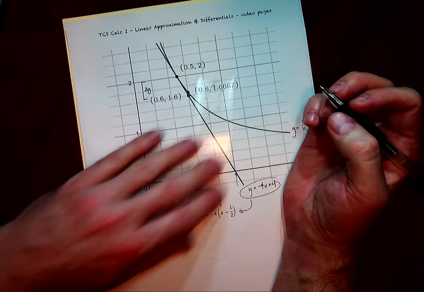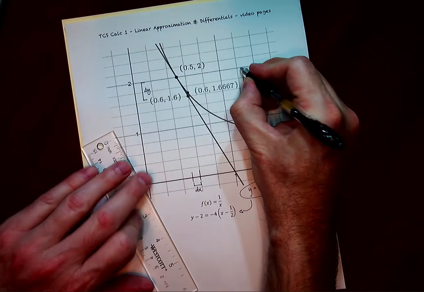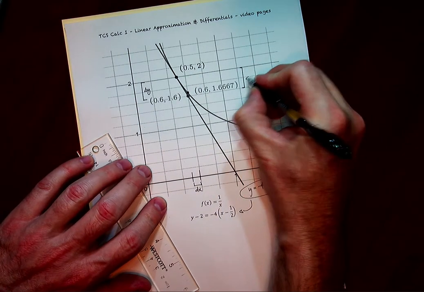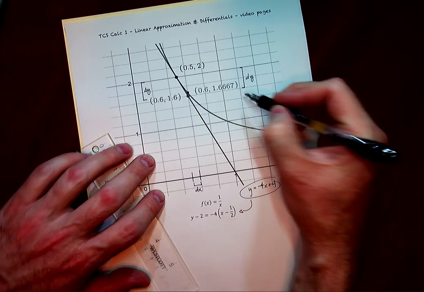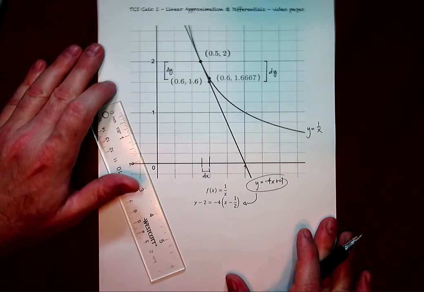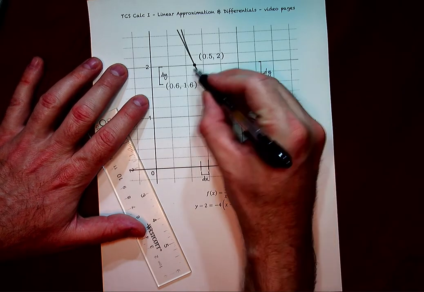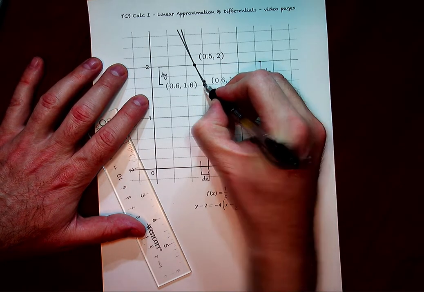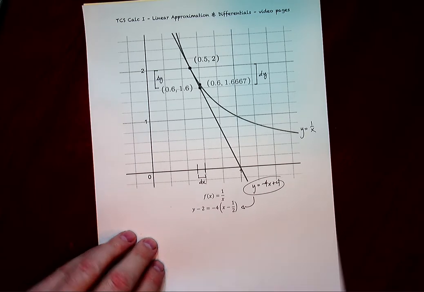What you were doing was you were actually finding dy, which was the approximate distance that it traveled vertically, the approximate change in output, because you were looking at the difference between this output and the output from the approximation point on the equation of the tangent line. So I hope this is sort of starting to make a little bit of sense as we keep moving forward.